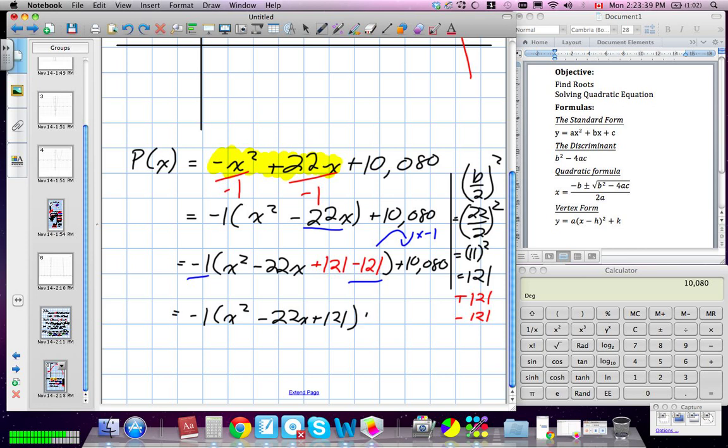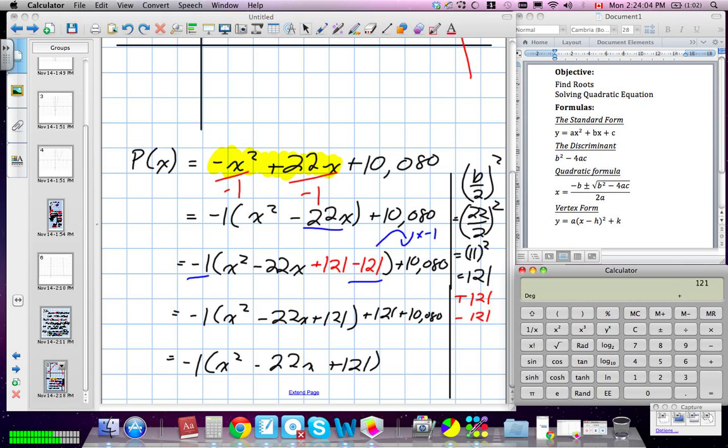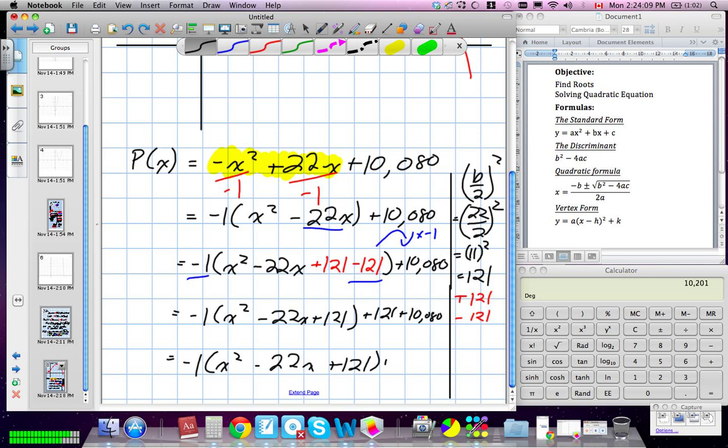Let's put that line there. I'm going to equate the outside quickly. Now remember we've created a perfect square trinomial by completing the square. 10,080 plus 121 is 10,201.